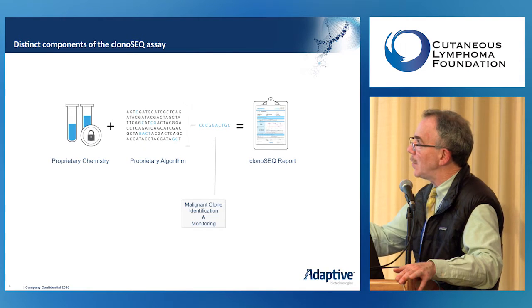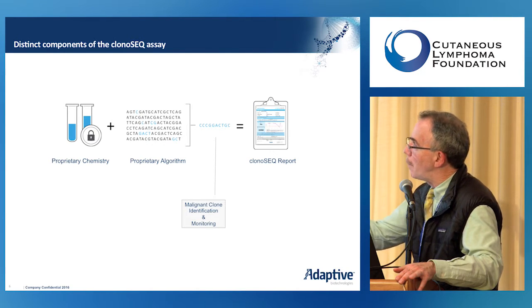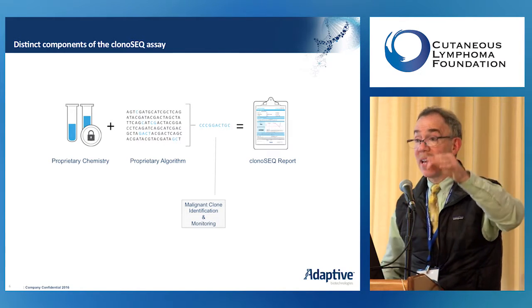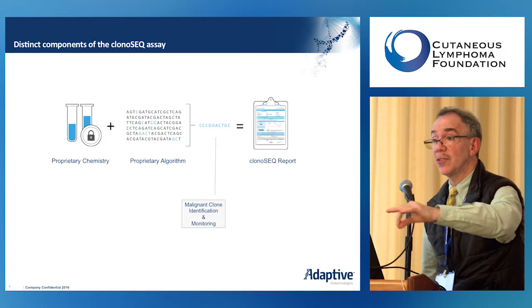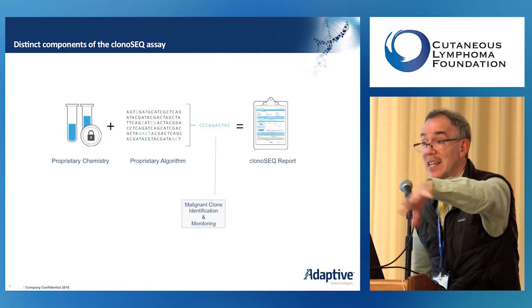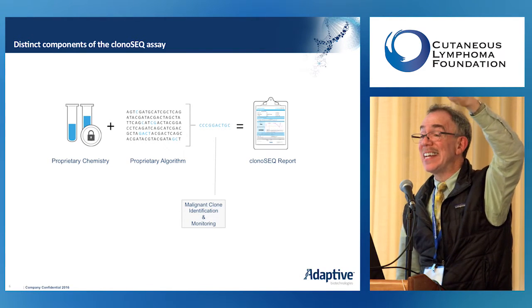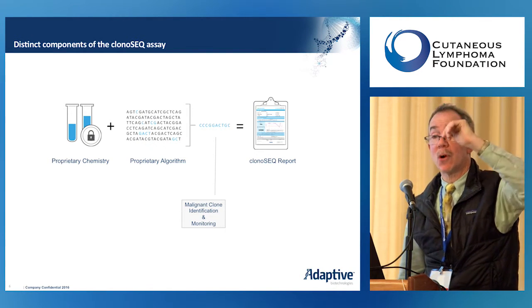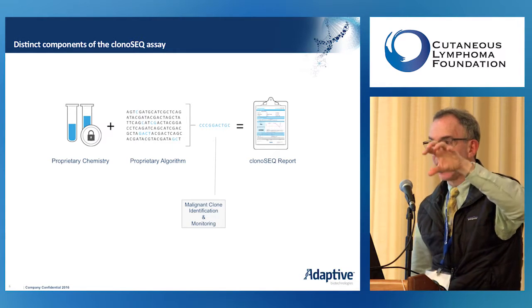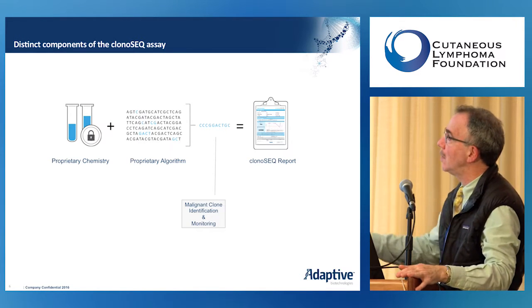You then get a bunch of sequences where, again, the number of unique sequences corresponds to the diversity of different cells, and the number of times you see any given sequence corresponds to the clonality of that particular sample.